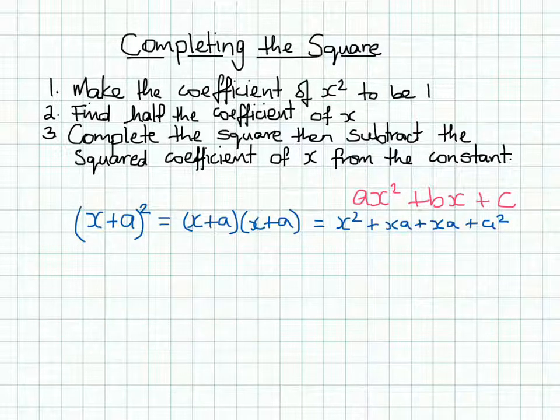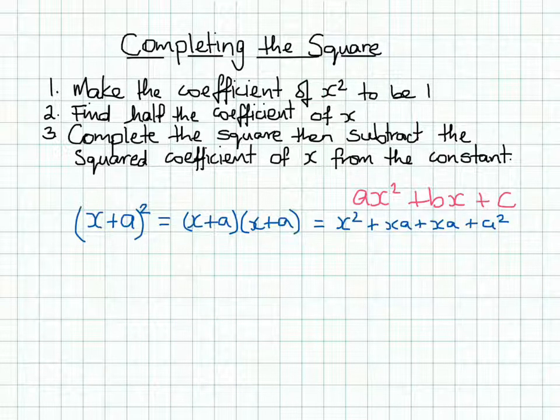For those wondering where that came from: x times x is x squared, x times a is xa, a times x is xa again, and a times a is a squared on the end there.